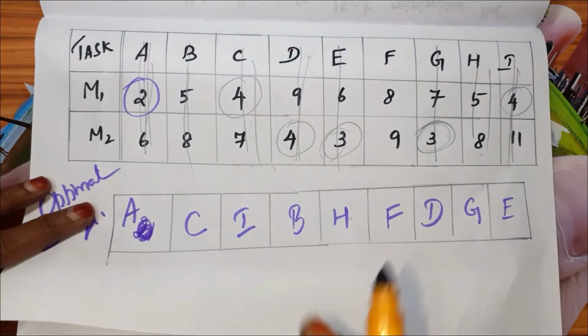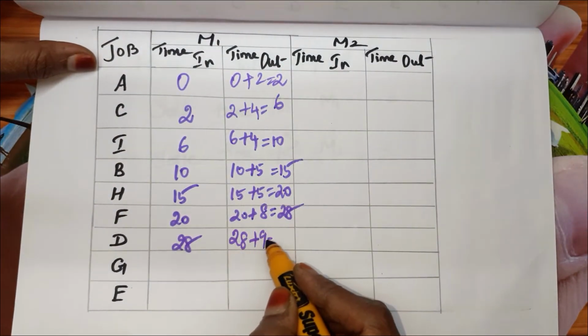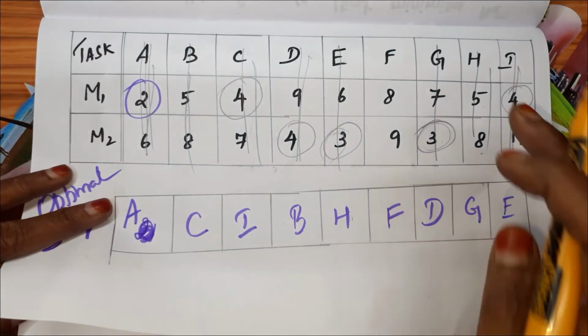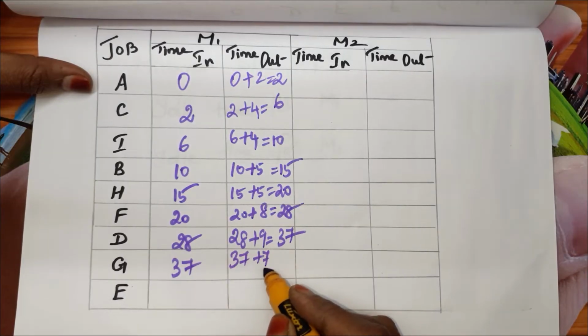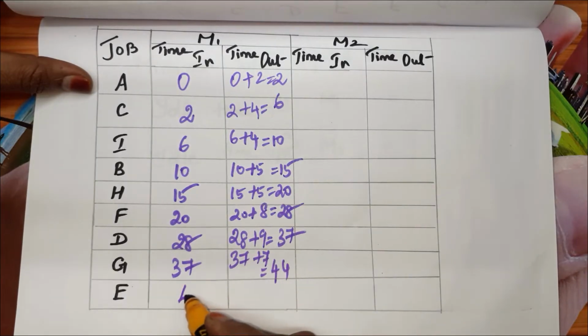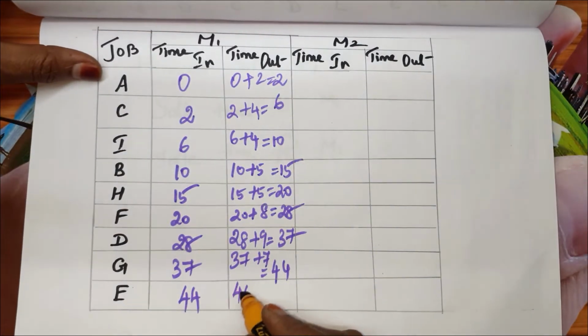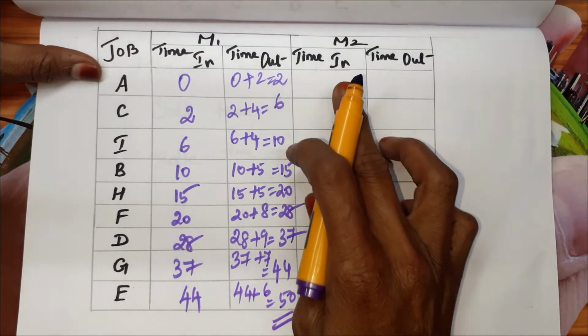D is 9. So 28 plus 9, 37. And for G, the duration is 7. So 37 plus 7, which is 44. And for E, it is 6. So 44 plus 6, it is 50. Okay. So move on to the next machine.